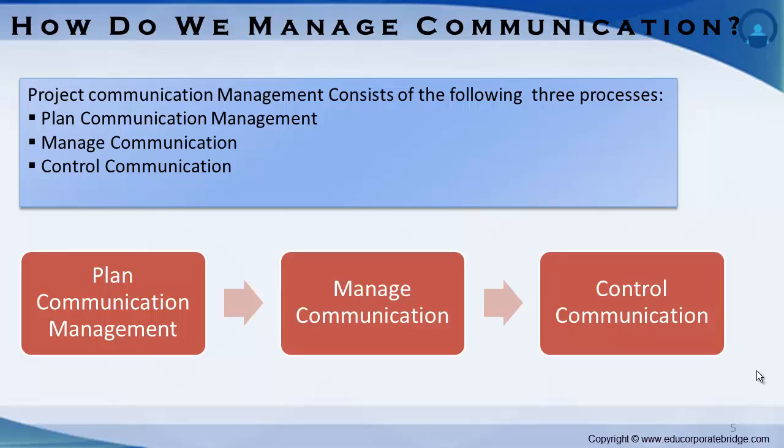Out of these three processes, plan communications management is a part of the planning process group, manage communications is a part of the executing process group, and control communications is a part of the monitoring and controlling process group.